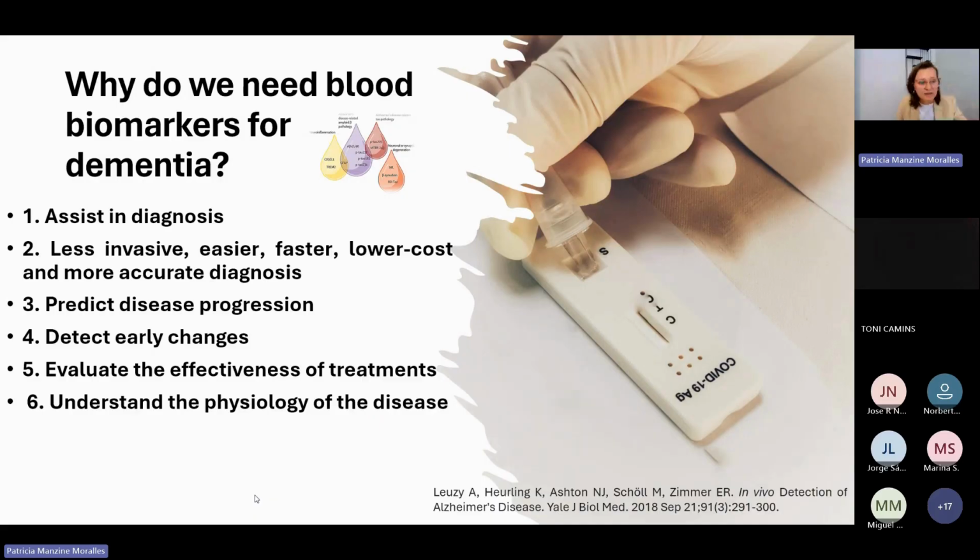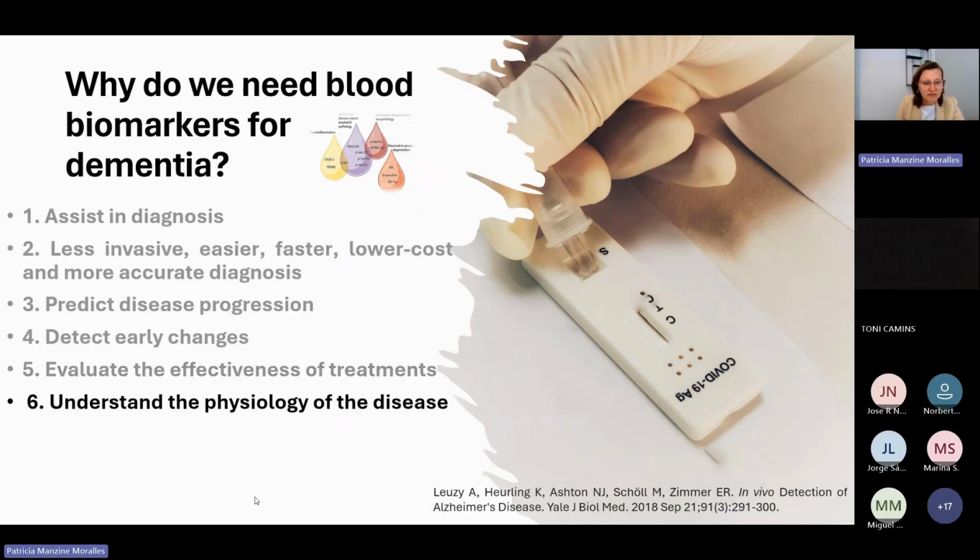They are less invasive, easier, faster, lower cost, and more accurate diagnosis. They can also predict disease progression and detect early changes, for example, looking for preclinical situations. Also evaluate the effectiveness of treatment, so we can use them to monitor, for example, therapeutic response, and also to understand the physiology of the disease.